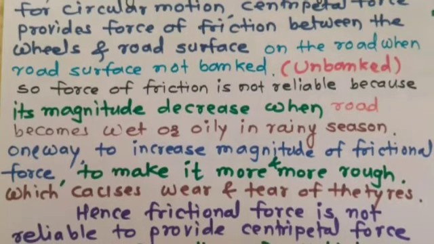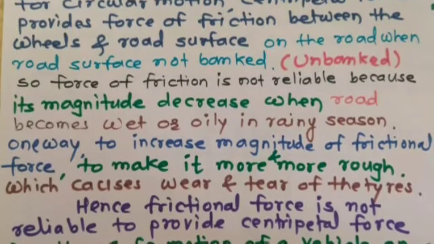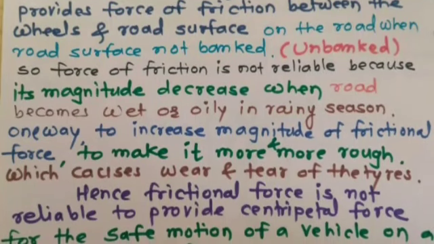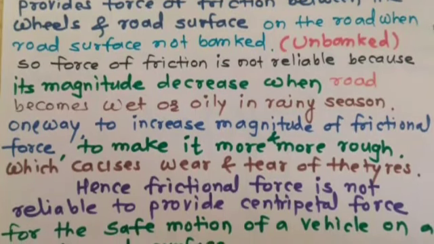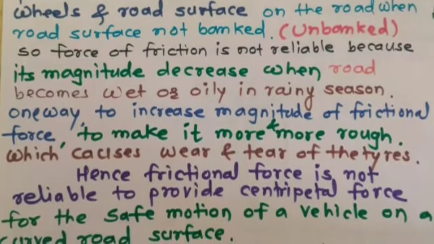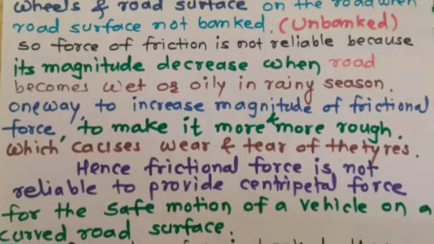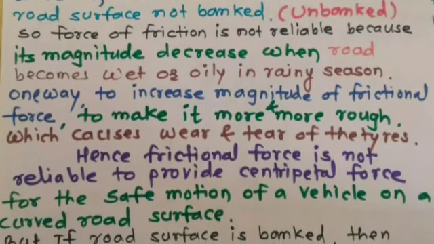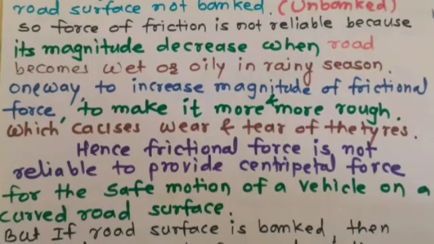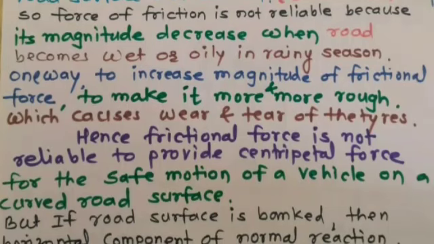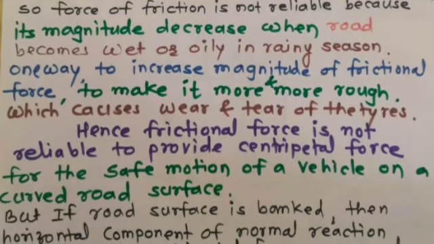In rainy season, one way to increase the magnitude of frictional force is to make the road more and more rough, which causes wear and tear of tires. Hence, frictional force is not reliable to provide centripetal force for the safe motion of a vehicle on a curved road.